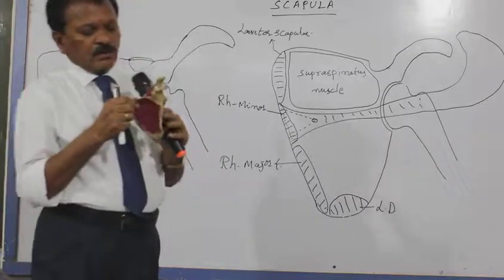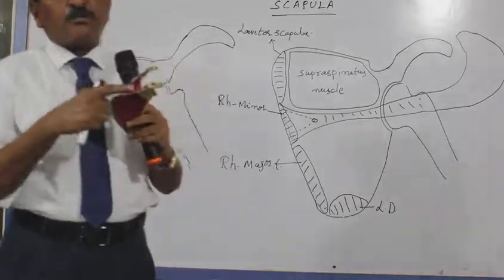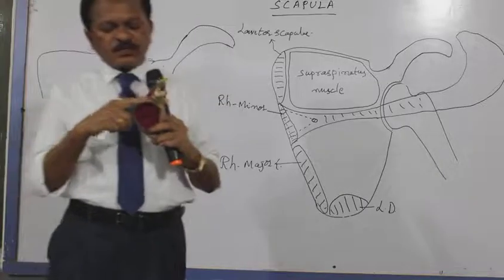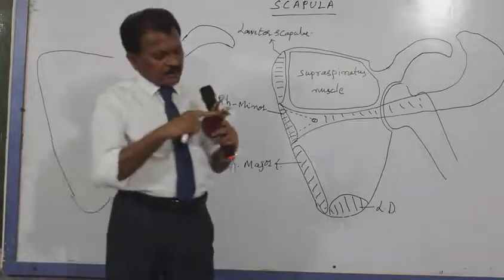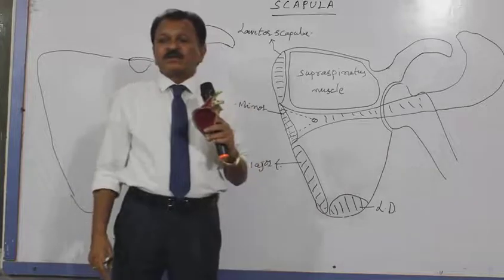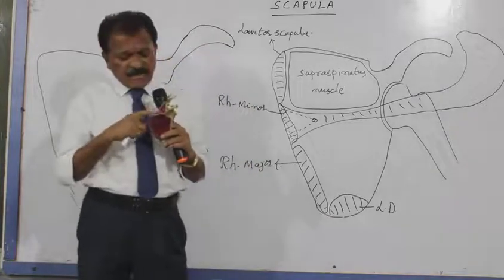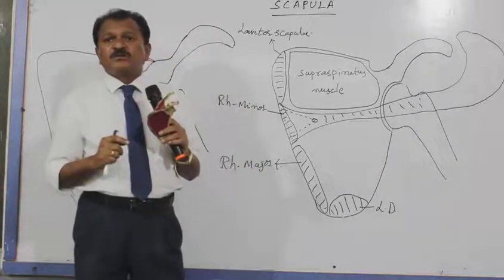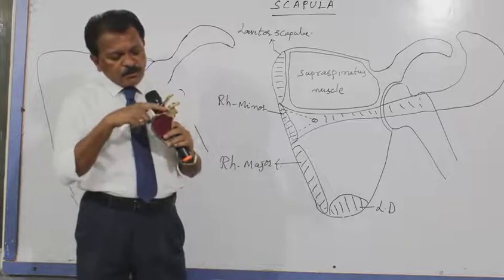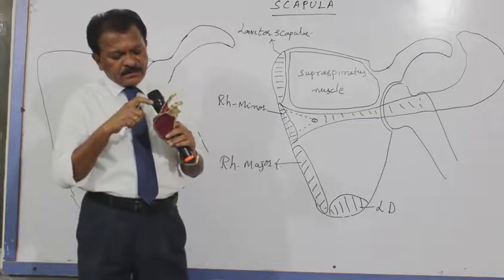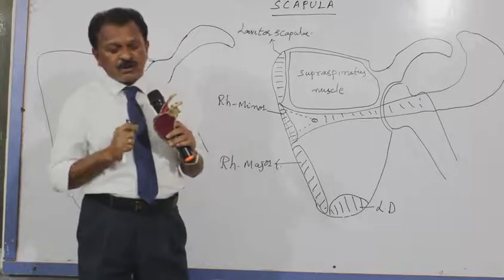Once again, listen. This is the supraspinous fossa, and it gives origin to the supraspinatus muscle.